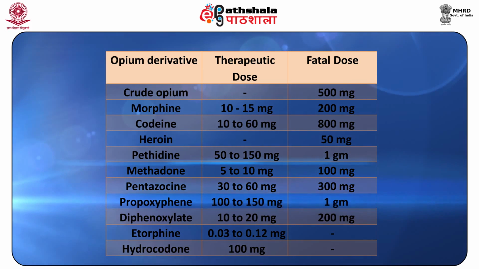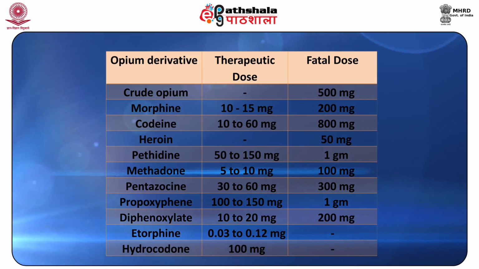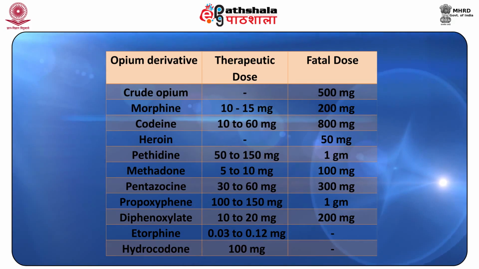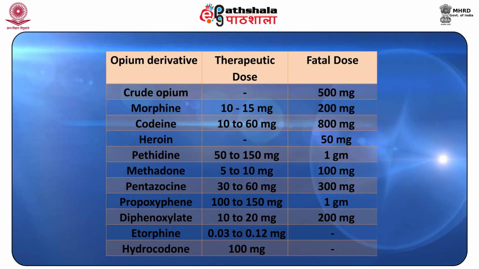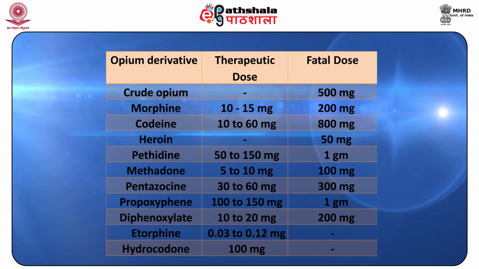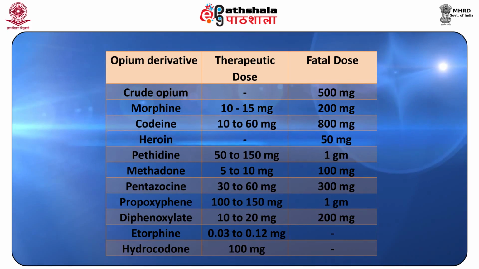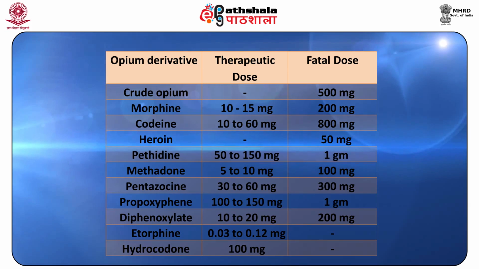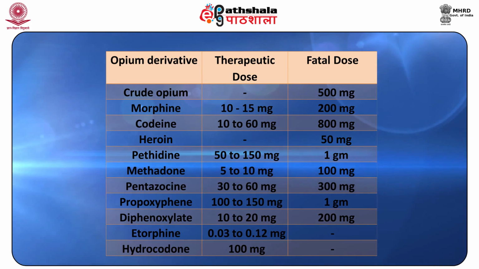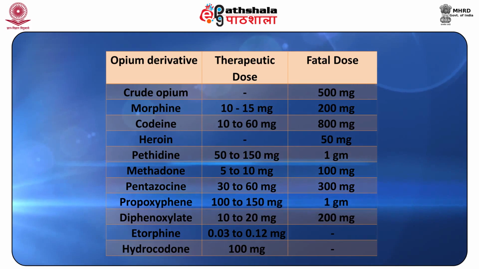The therapeutic dose for methadone is 5 to 10 mg and its fatal dose is 100 mg. Next is the pentazocine. The pentazocine has the fatal dose of 300 mg, whereas its therapeutic dose, or you can say the medicinal dose, is 30 to 60 mg.